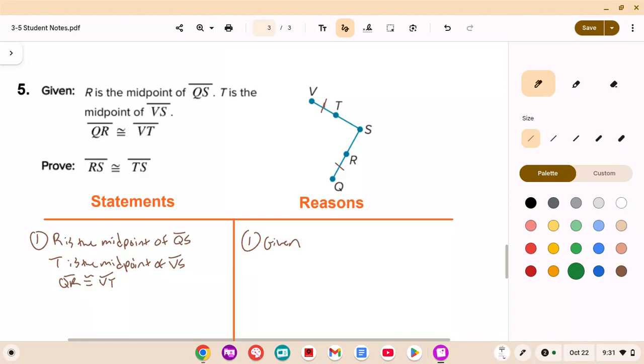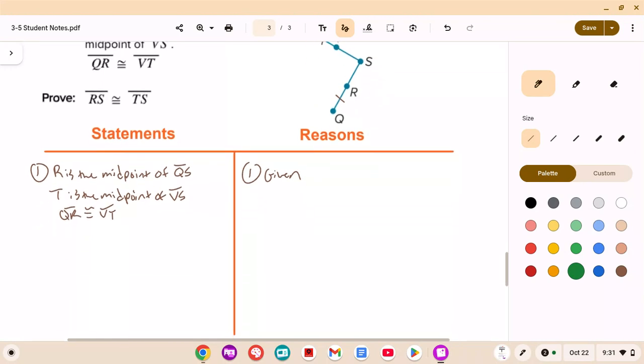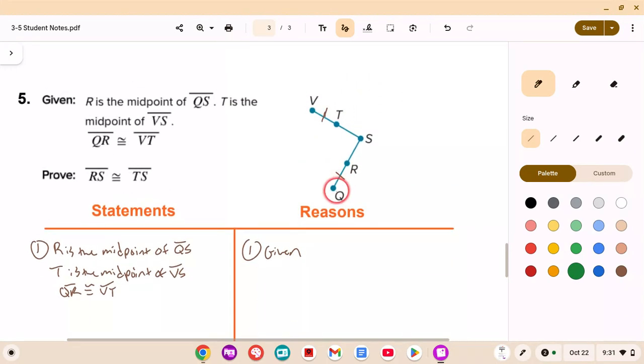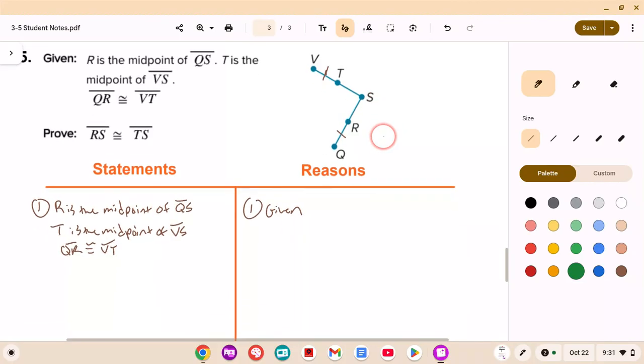Whew. Okay. So let's go ahead and expand on some of this. Like they say R is the midpoint of QS. So if R is the middle of this, we could say QR and RS are going to be the same. Sorry.